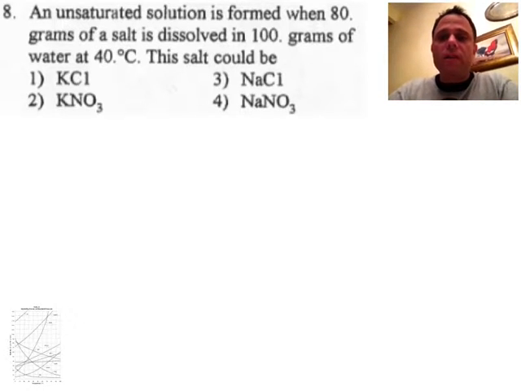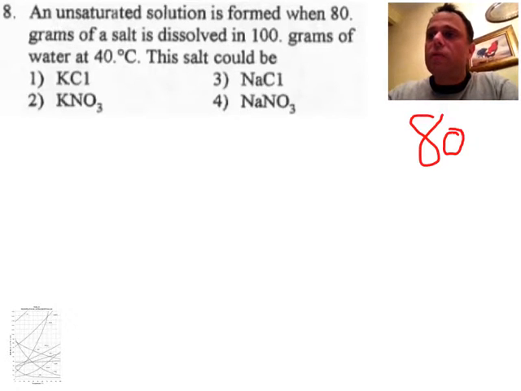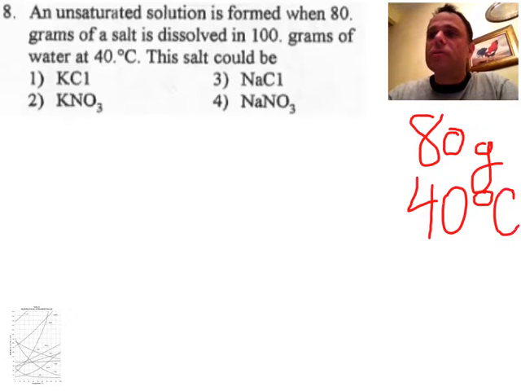So which one of these is the potential answer? We are looking for, let me write it to the side this time, 80 grams, 40 degrees Celsius. We're dealing with 100 grams of water, so we're not going to have to consider 50 grams or 200 grams. That's not going to be part of it.